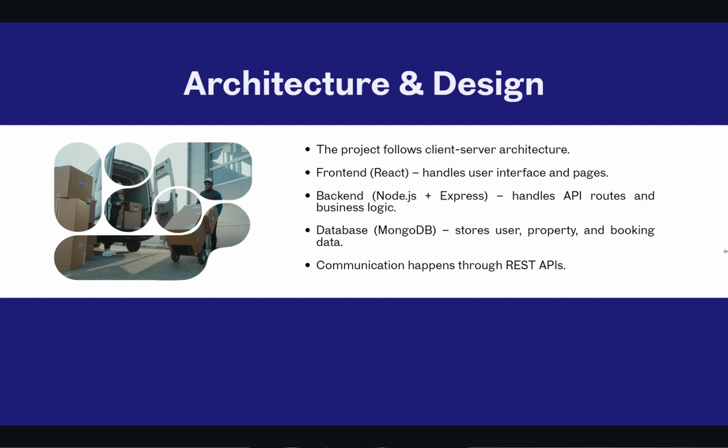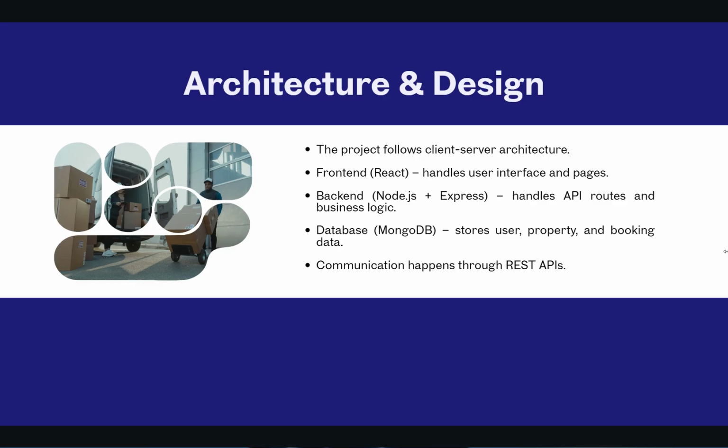Second is Node.js plus Express, which is the backend. The backend is built using Node.js, and Express is used as the framework that defines API routes. These APIs act like messengers.